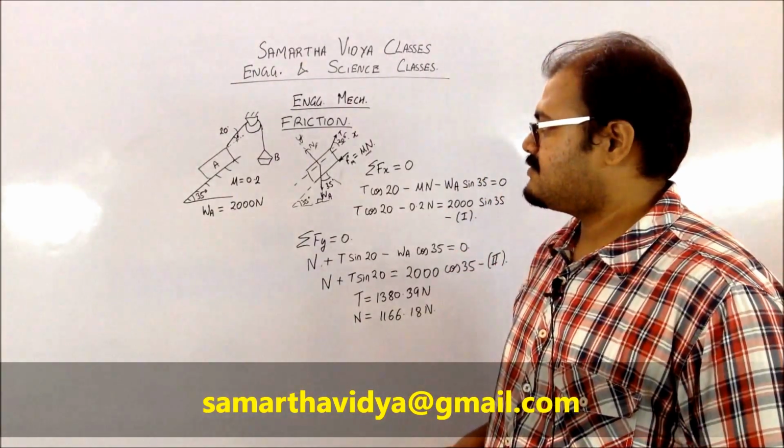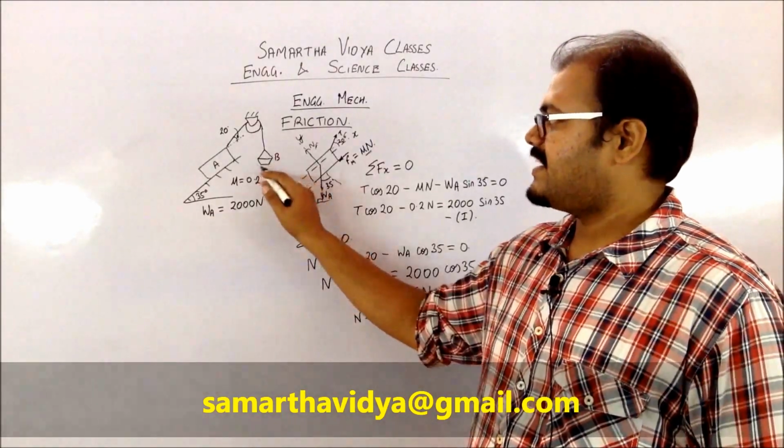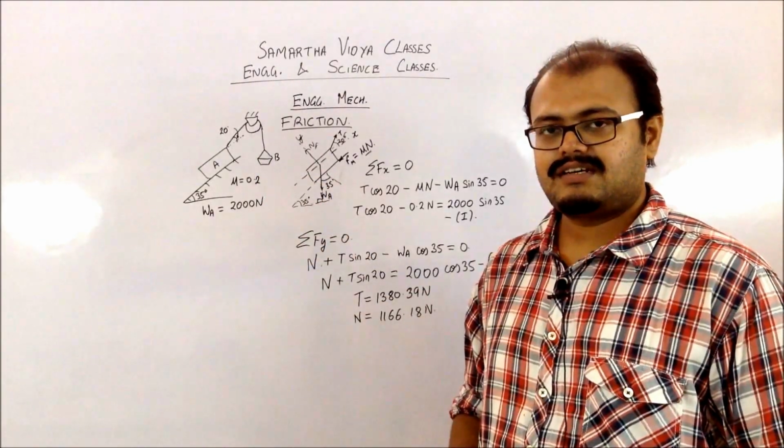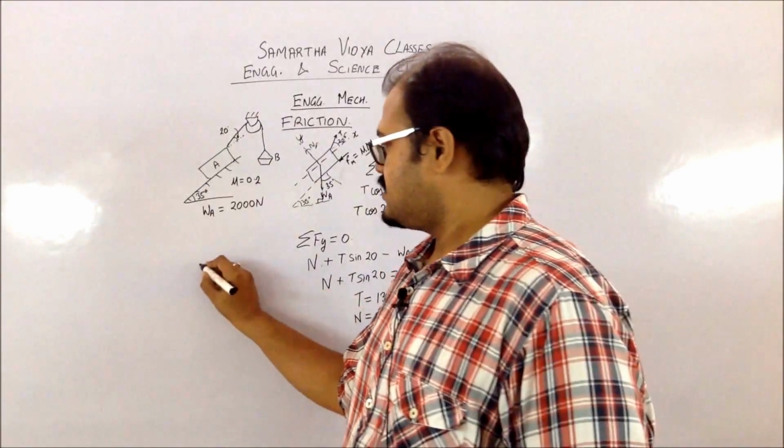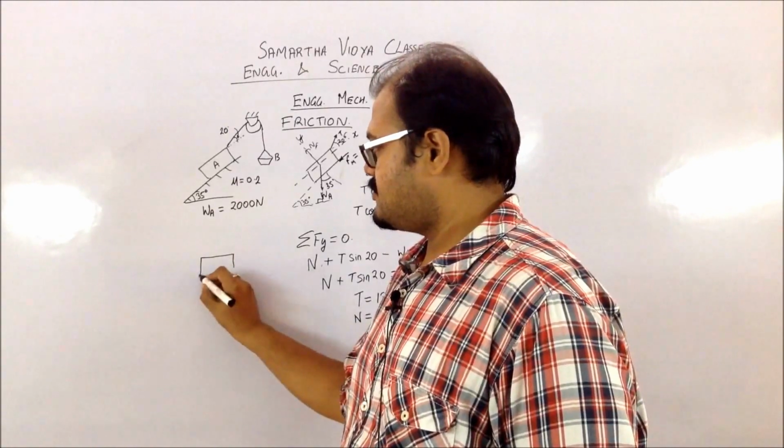Now the next thing you need to find is the weight of this particular block, so you have to consider the FBD of B. If you consider the FBD of B, it's going to be quite simple.